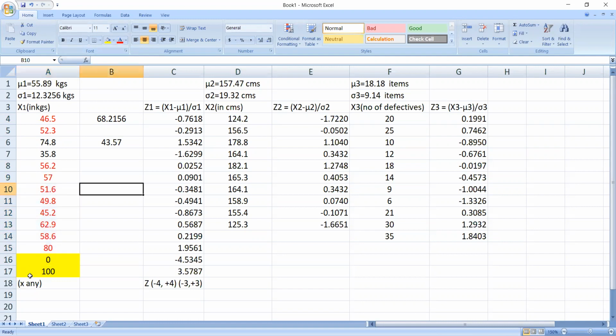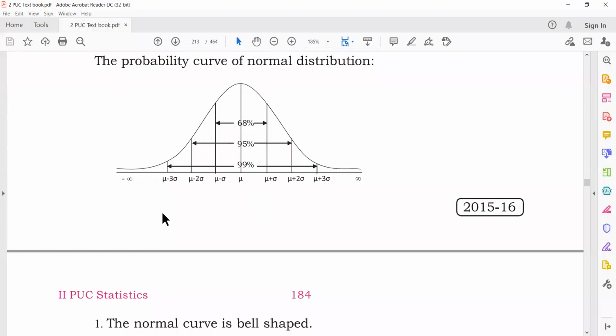Out of my, say, 14 values here, only 4 are outside this particular range. So this is the meaning of the sigma belts, and this concept is widely used in production areas, in quality control areas.